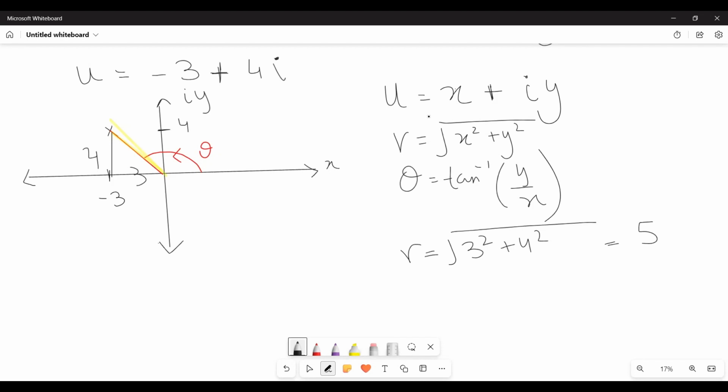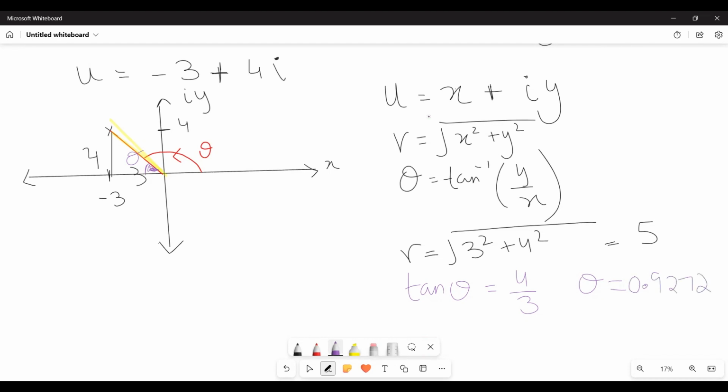Now we have to find this outer angle theta. For that, you'll find this inner angle theta and subtract it from 180. But since we're in radians, you're going to subtract it from pi. So tan theta is 4/3. What is tan inverse 4/3? It's 0.9272.